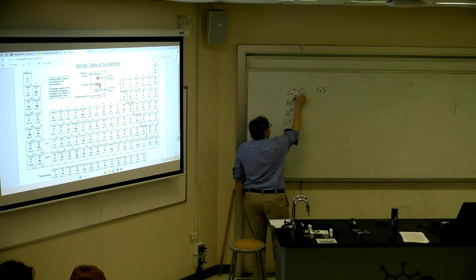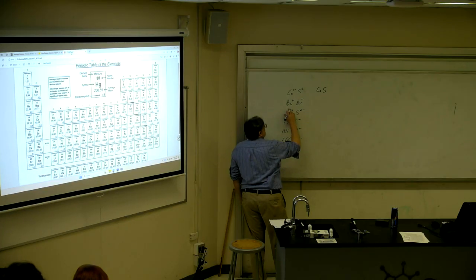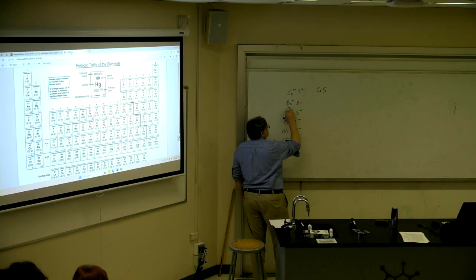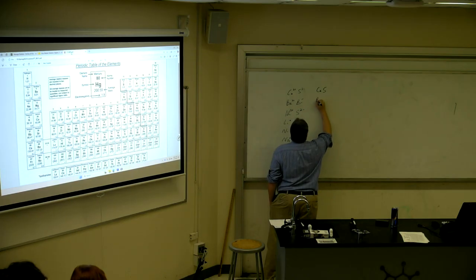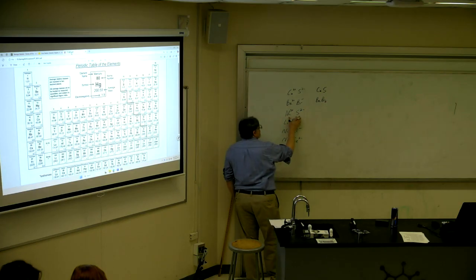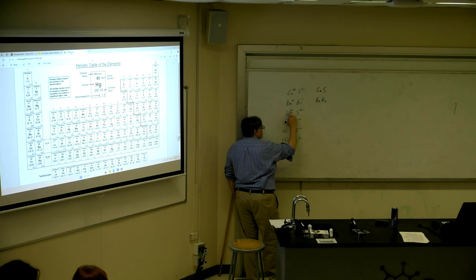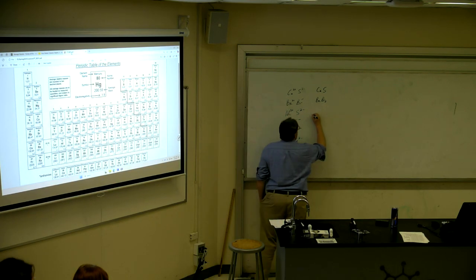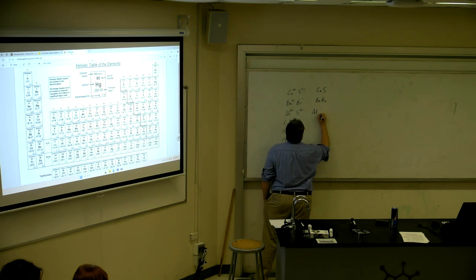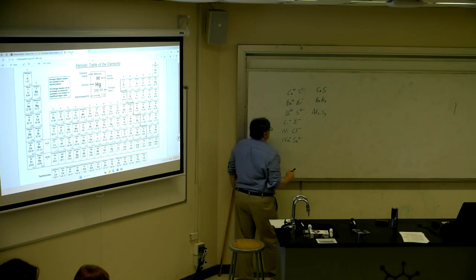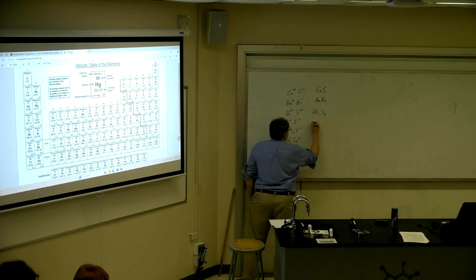These aren't the formulas. I just have them listed here. Calcium and sulfur can go together like this because their charges match. Barium and bromine, you're going to need 2 bromines to match the charge of barium. This is the one that I said is a little tricky. You're adding up to 6 here, so you need 3 of these to add up to 6, or 2 of these to add up to 6.